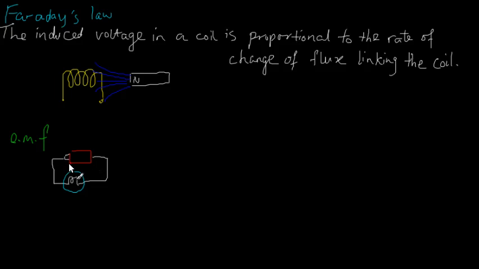But there's something about this EMF. The definition of EMF is almost the same as the definition of voltage, but there's a difference between EMF and the voltage across the cell. The reason is that some of the work has to be used to overcome internal resistance in the cell.